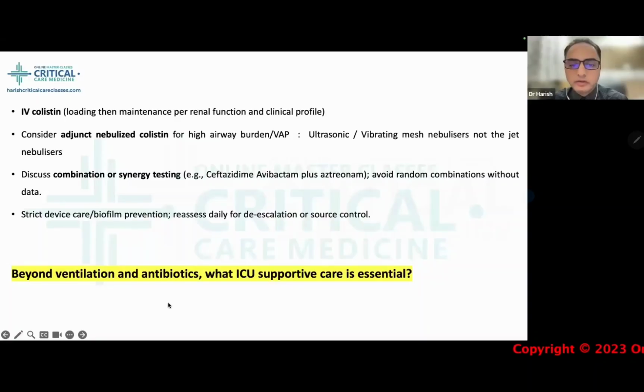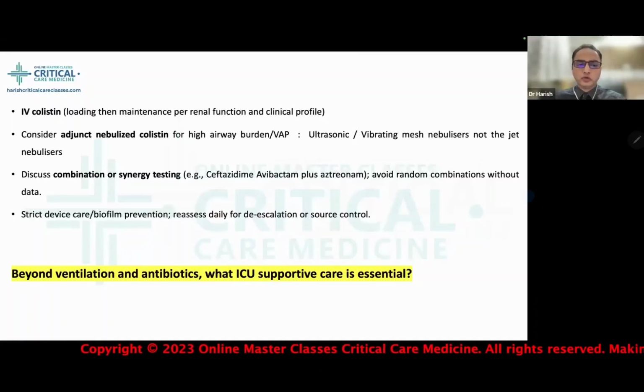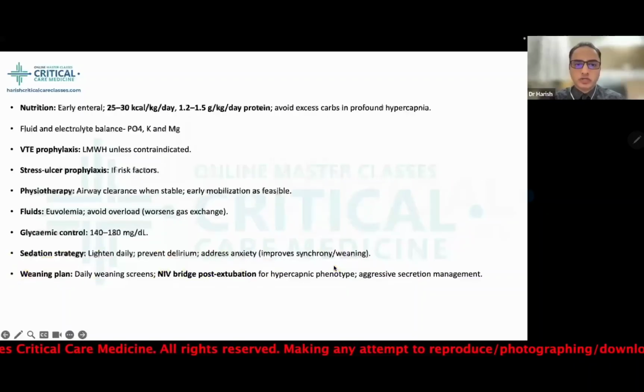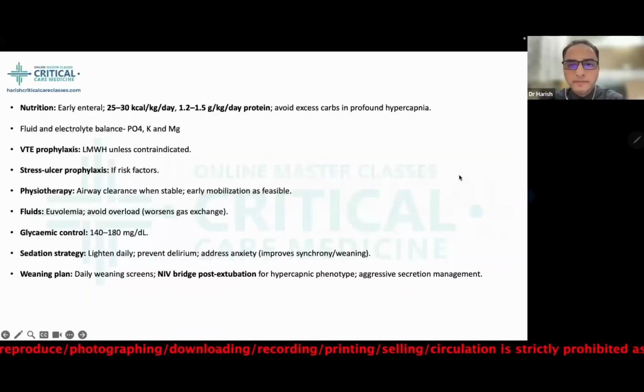Beyond ventilation and antibiotics, what ICU supportive care is essential? You escalated the antibiotic on mechanical ventilation, colistin has been given. So other than protective ventilation, what other ICU supportive care is essential? Nutrition, no doubt: at least 25 to 30 kilocalories per kg per day, protein of 1.2 to 1.5 gram per kg per day.